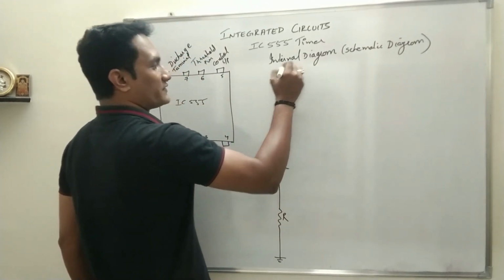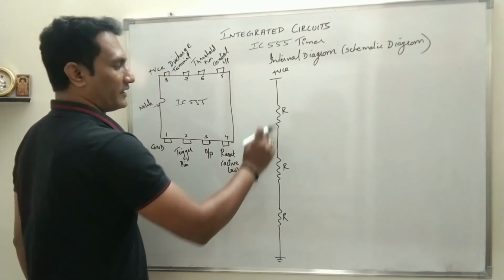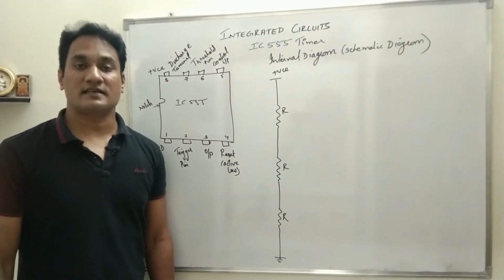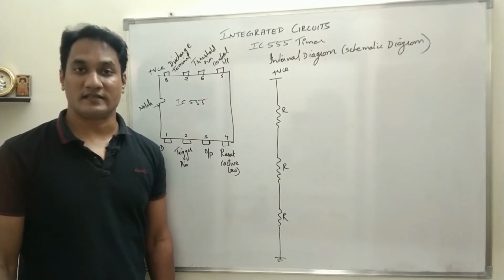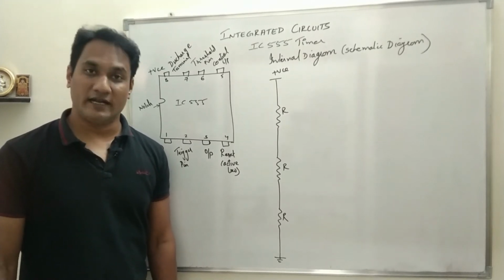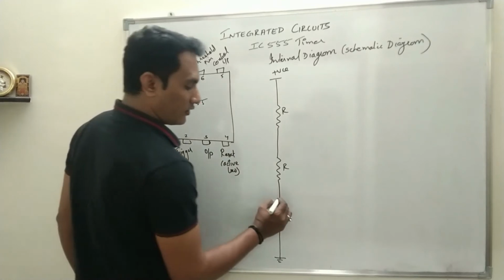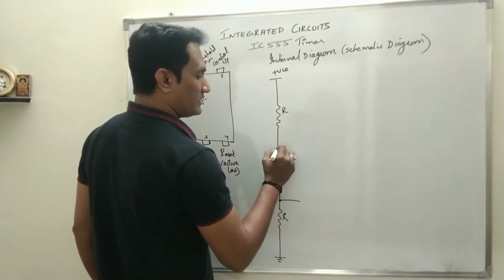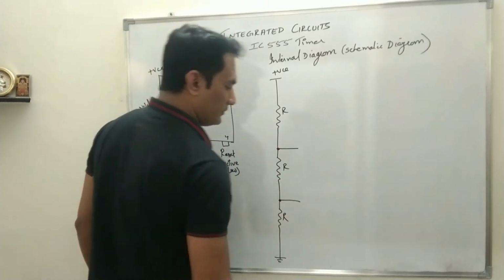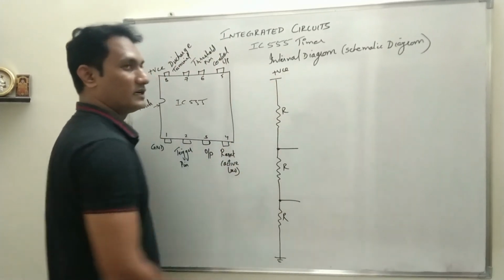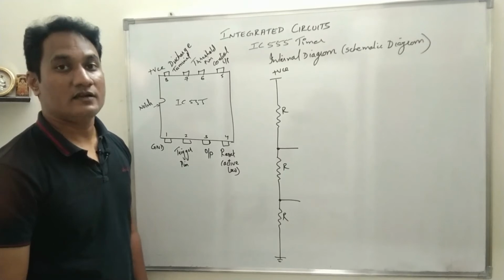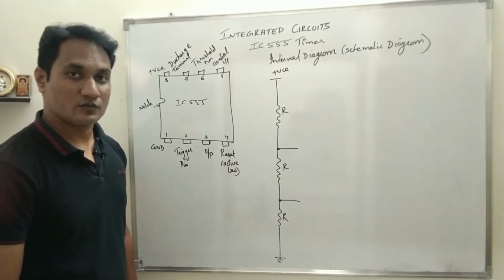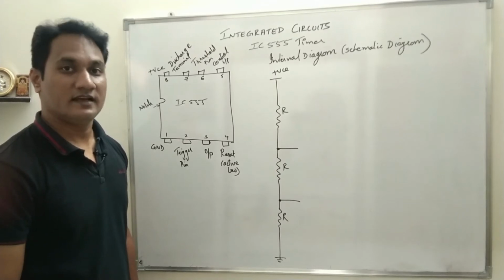Between a positive supply and ground we have connected 3 resistances. Of course, what you can see is as the resistances are connected in series, current remains the same, the voltage divides, and if you apply the formula for voltage divider, the potential at these 2 points will be, what is the potential? Total voltage divided by total resistance multiplied by the resistance across which the voltage is taken.